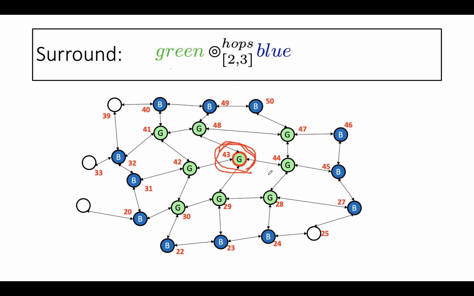And all the elements of the blue region, the ones that are directly connected to the green region, are at a distance between 2 and 3 from the location 43. For all the others, some element is at a greater or smaller distance.